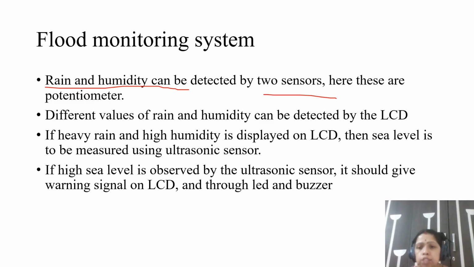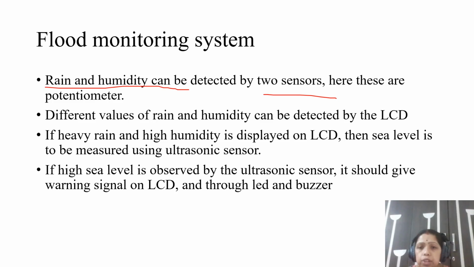In Tinkercad, to understand whether my protocol is working fine or not, I have used a potentiometer in place of the rain and humidity sensor. You can vary the potentiometer and check the rain level and the humidity level, right? And this value we can monitor on the LCD as well as the serial monitor window if required.